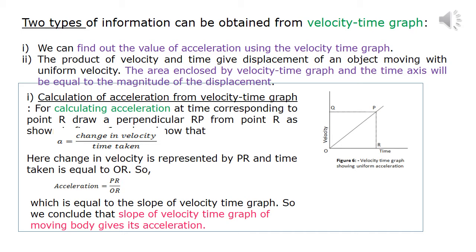So during time interval OR, the change in velocity is PR. So by the definition of acceleration, change in velocity by unit time, acceleration is given by PR by OR, which is also equal to perpendicular by base or slope of the line OP.